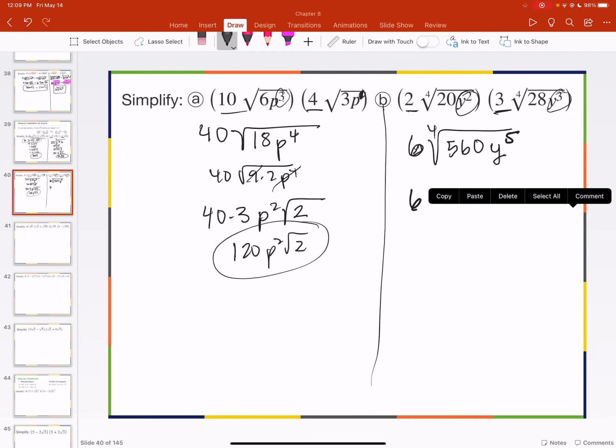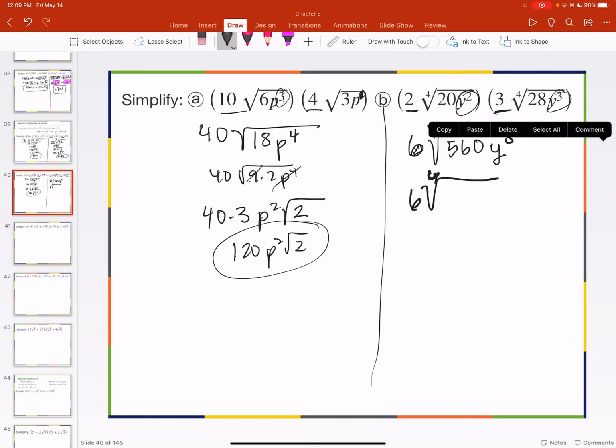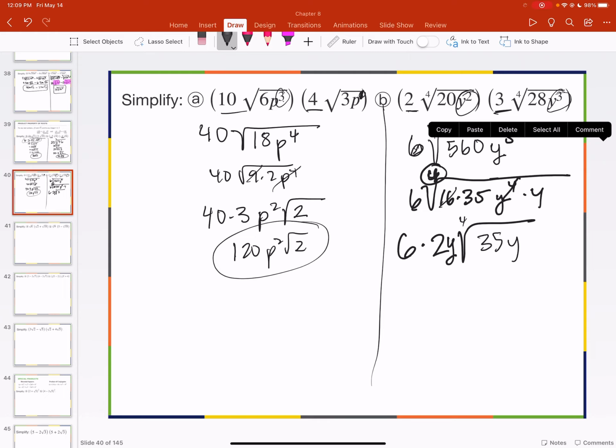So fourth root of 16 times 35 times y to the fourth times y. Why did I split that up? Because it's a fourth root. So fourth root of 16 is 2, so 6 times 2 on the outside. Oh, and then y to the fourth cancels out, so that's a y there. What's left is 35y on the inside of the radical. So that's 12y, fourth root of 35y.